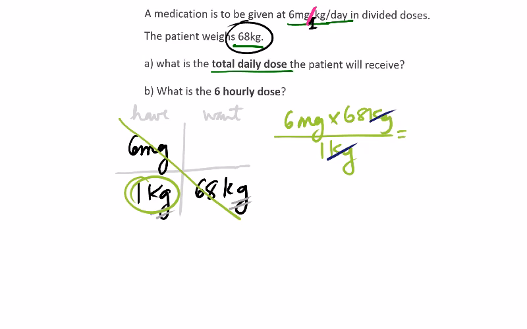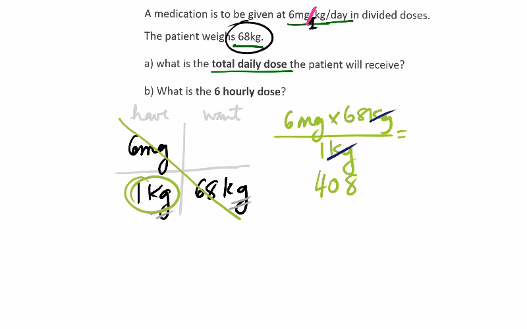Well, 68 is hard to work with in my head for the estimation, so I'll do 70. 6 sevens are 42, so 6 70s should be 420. Then we push the buttons of our calculator and we get the accurate answer, 408, which is good enough. 408 is not too far away from 420.